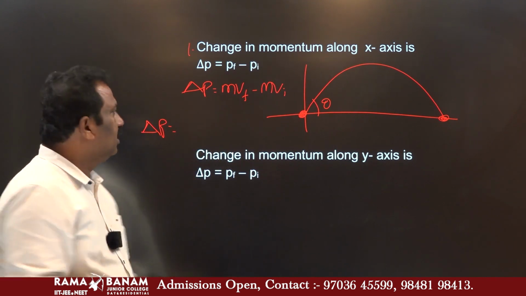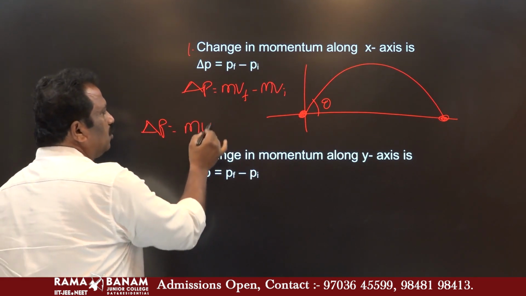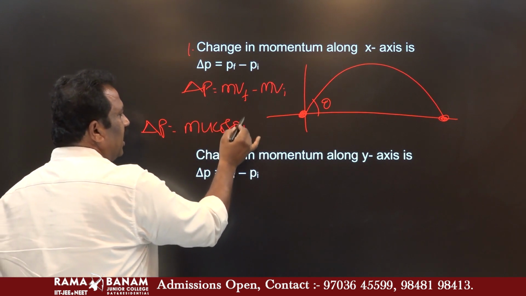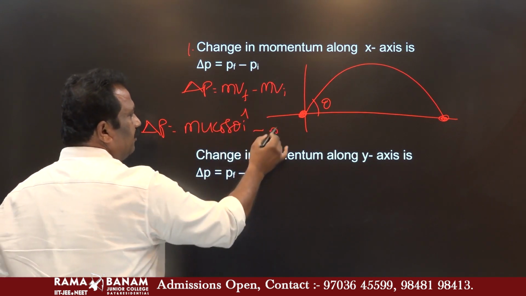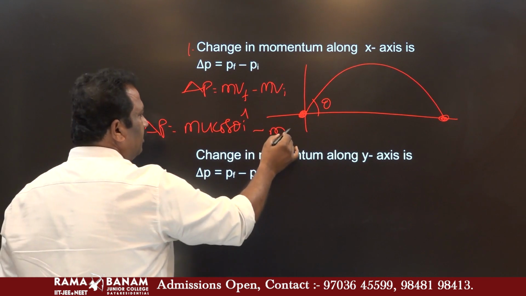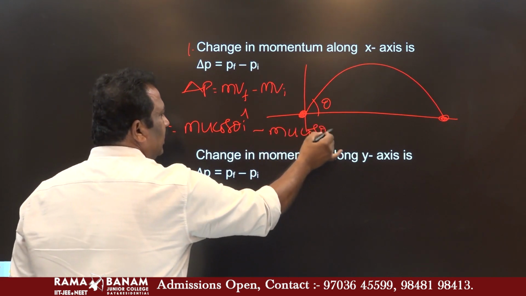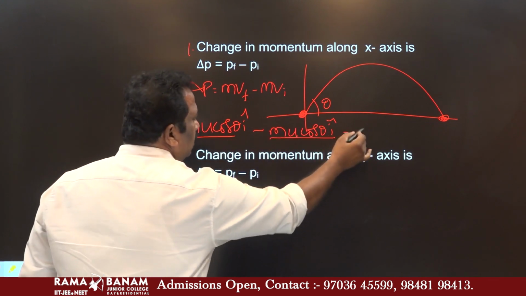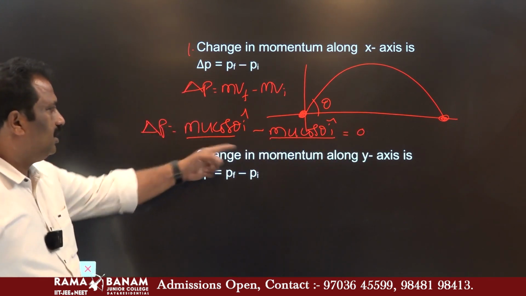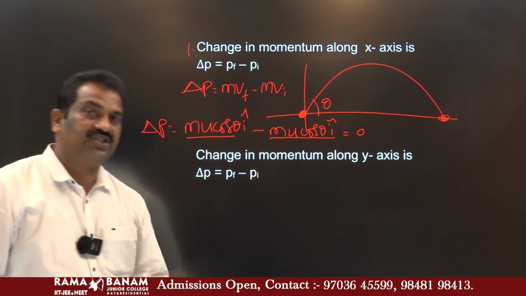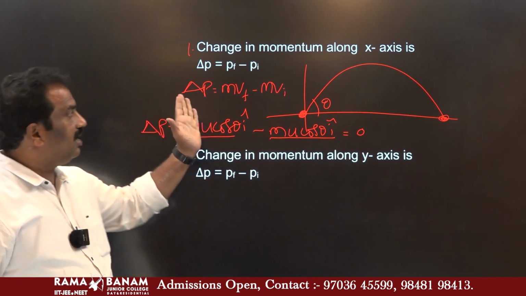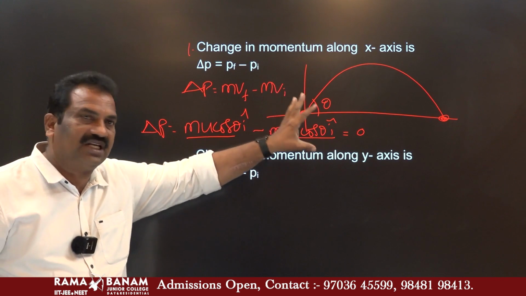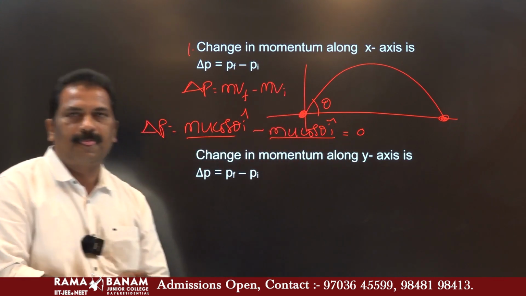So delta P = mu cos theta i cap minus mu cos theta i cap. The two terms cancel, so it becomes 0. So the change in momentum along the x-axis in the case of projectile is 0.